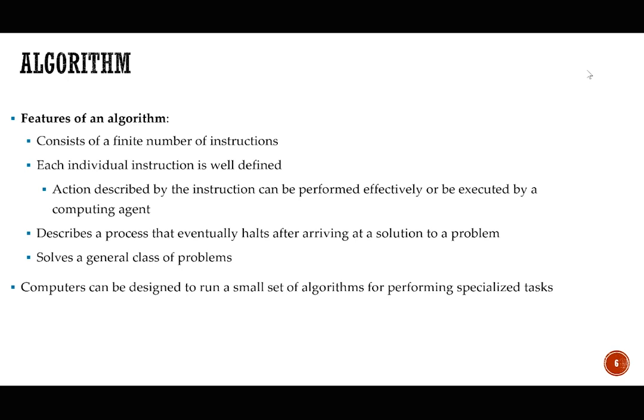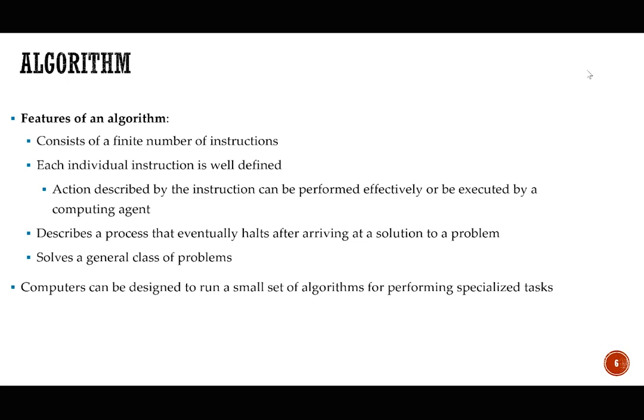Each individual instruction is well defined. So it means that the action described by the instruction can be performed effectively or be executed by a computing agent. So we assume that the person who wants to subtract 2 numbers doesn't know anything about the subtracting procedure, but we are explaining every step.